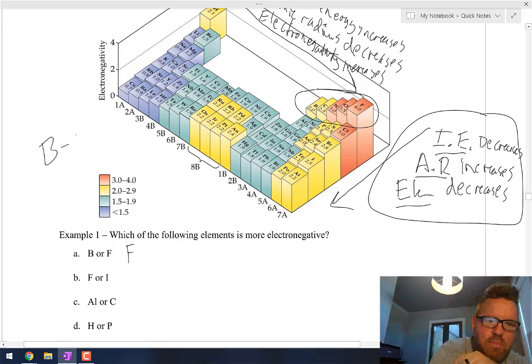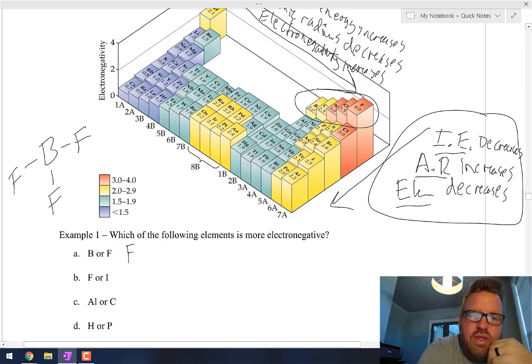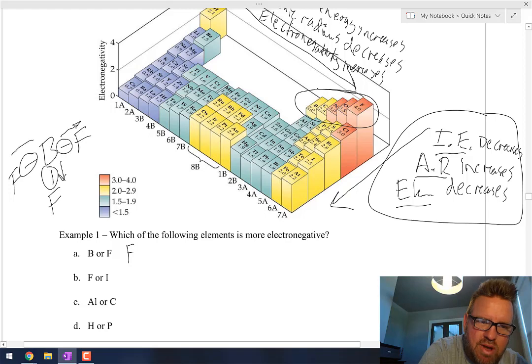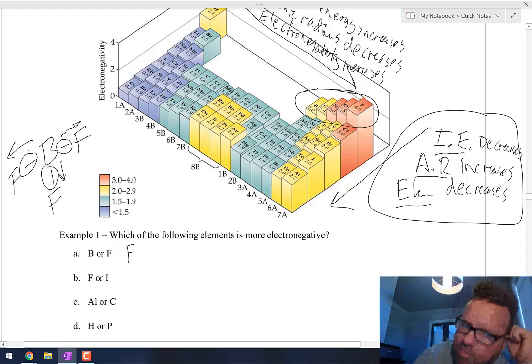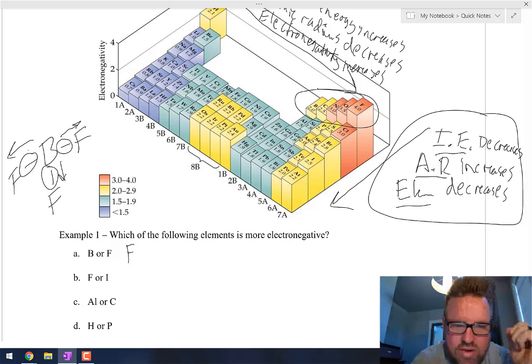So in a bond between boron and fluorine, for example, this is a chemical compound right here, BF3, it means that these electrons right here in this bond are more attracted to the fluorine side than they are to boron. So in all three of these cases, you've got electrons in the bond that are more attracted to the fluorine than they are to the boron. And that's going to become important here in one of our later videos.